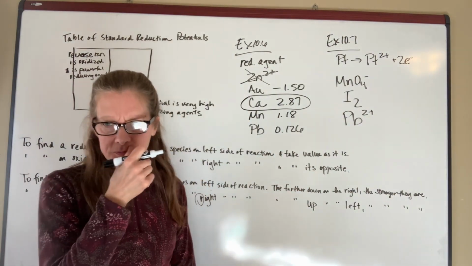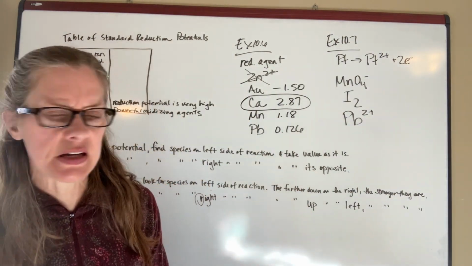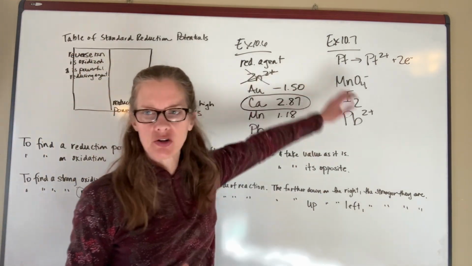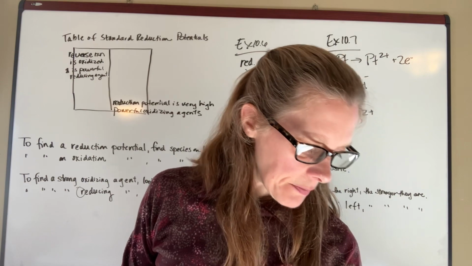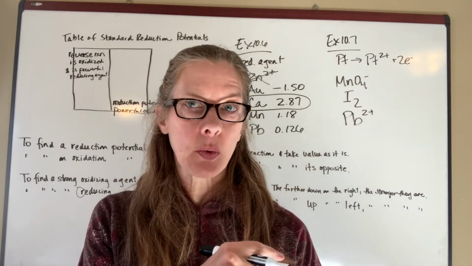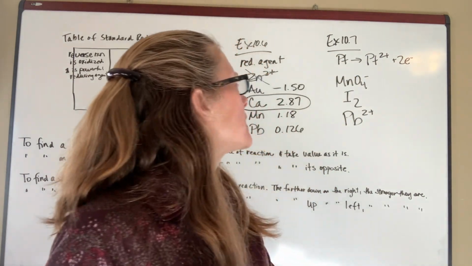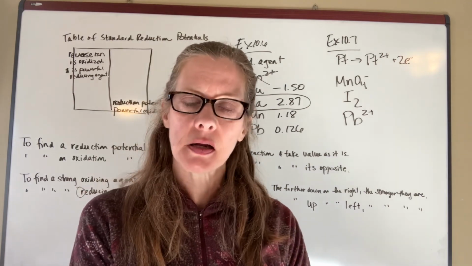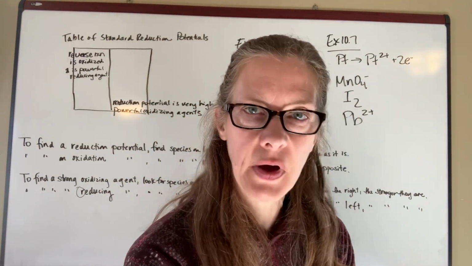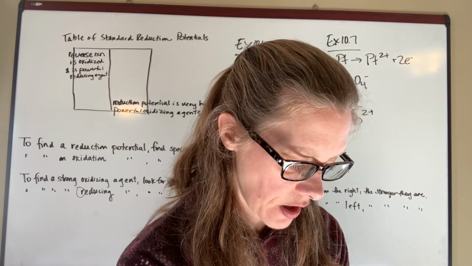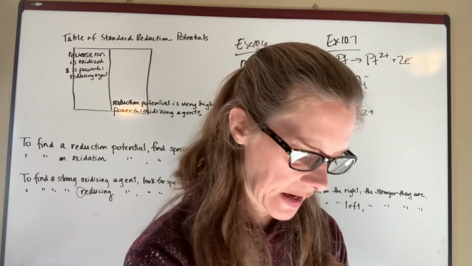Okay, so the first thing I need to do is find this reaction on the table. So platinum, obviously that is backwards of everything that's written on the table because he's wanting to oxidize it. So you've got to take the reactions and flip them backwards. You'll find that equation about 2/3 of the way down on the right-hand side.